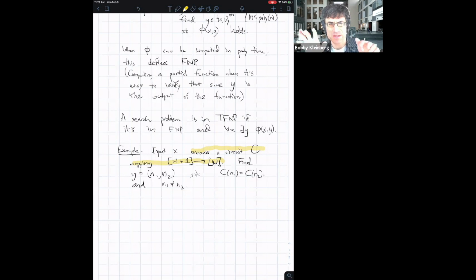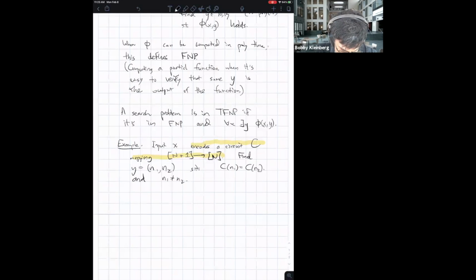So what does it mean that a circuit maps n plus 1, which might not be a power of 2, down to n? I'm going to standardize on the following interpretation. This means that C has ceiling log n plus 1 input wires.